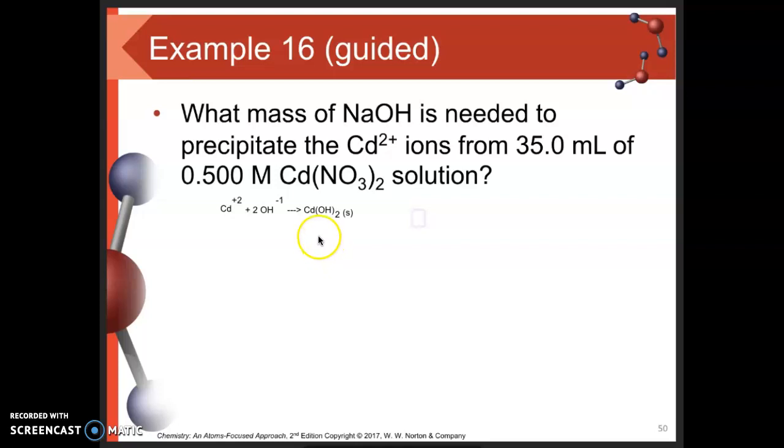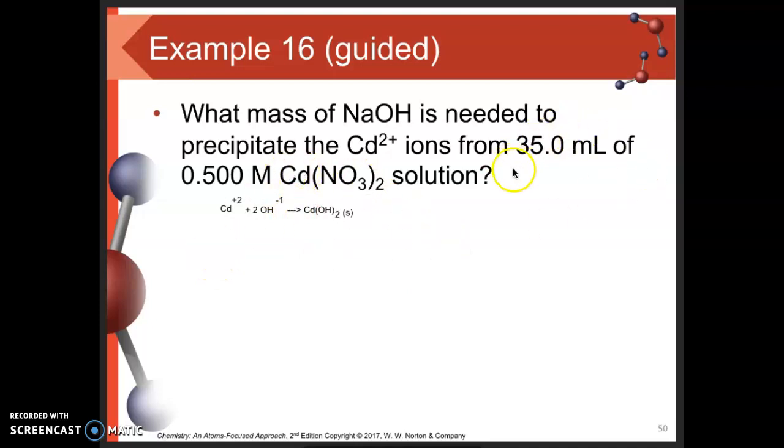Now, what do I do with the rest of the information here? Well, if I think back to that idea of the mole map, I know that I need to convert something into moles.